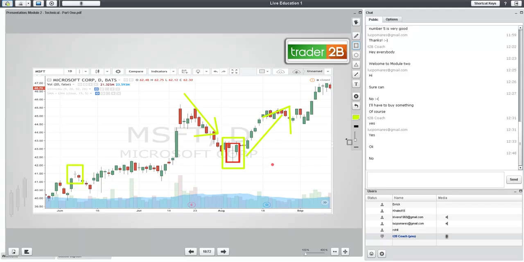As we can see here, when the price becomes indecisive after being pushed in one direction, you usually get a pullback after it's taken place. And again, these candles have a lot more meaning when you see them on a daily chart.